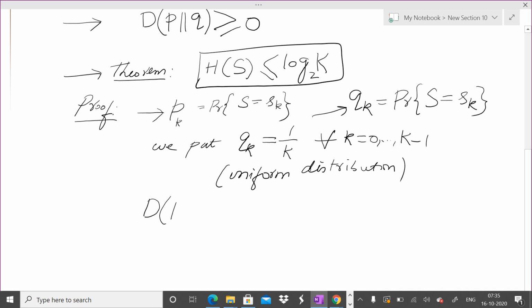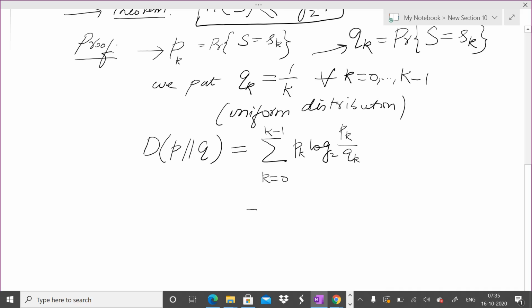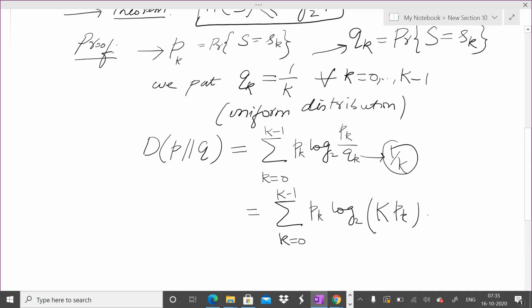Then the relative entropy between the two, since it is defined like this, the sum of pk log of pk by qk. Now what is this qk? So it is pk log to the base 2, so it will be K times pk, because you put qk as 1 by K.